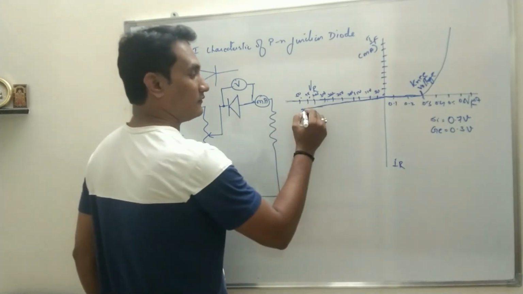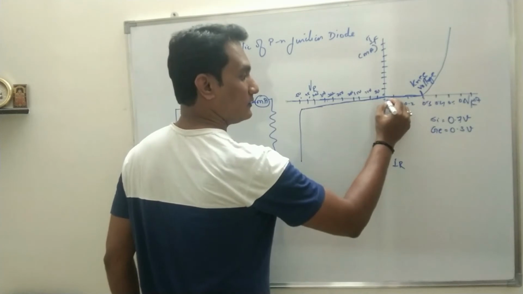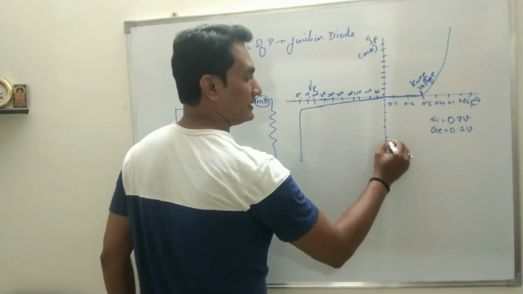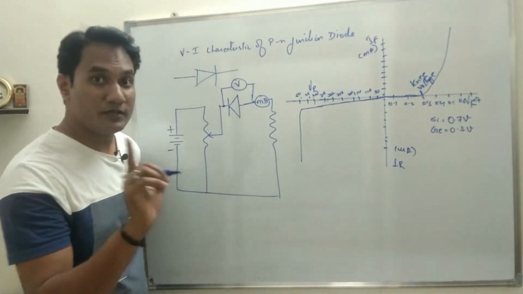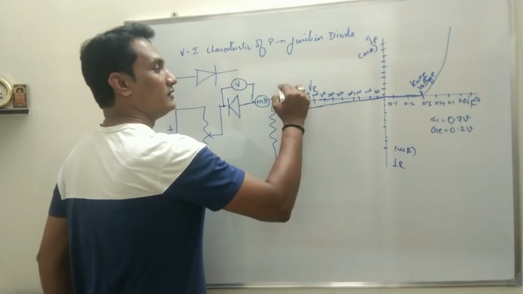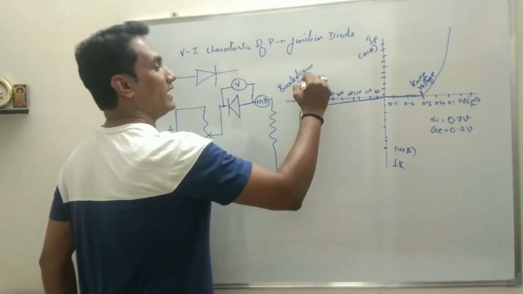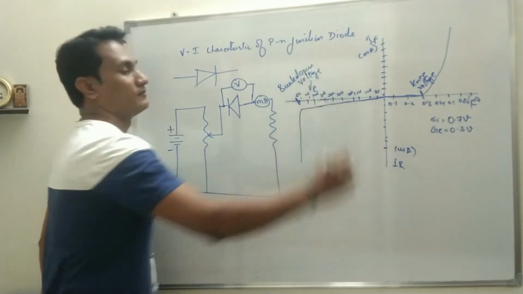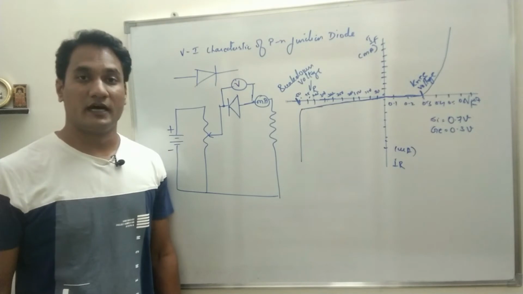Therefore current will flow in reverse bias also, but the current flowing here will be in micro ampere. So for an ordinary PN junction diode, at around 50 volt, this is called the breakdown voltage.